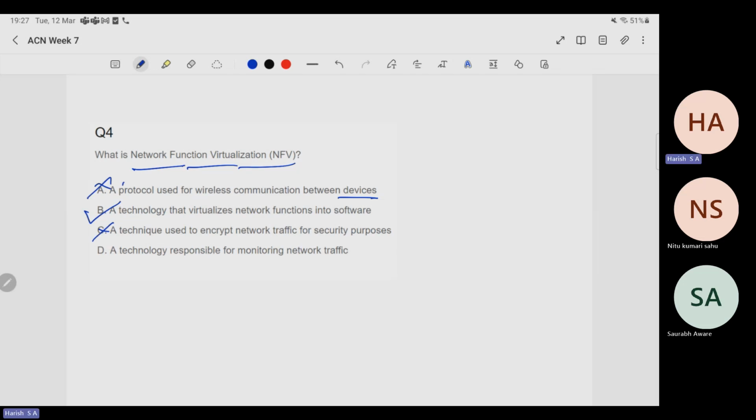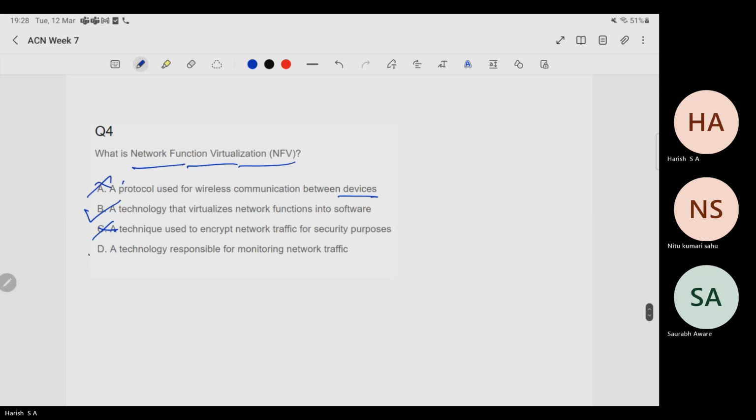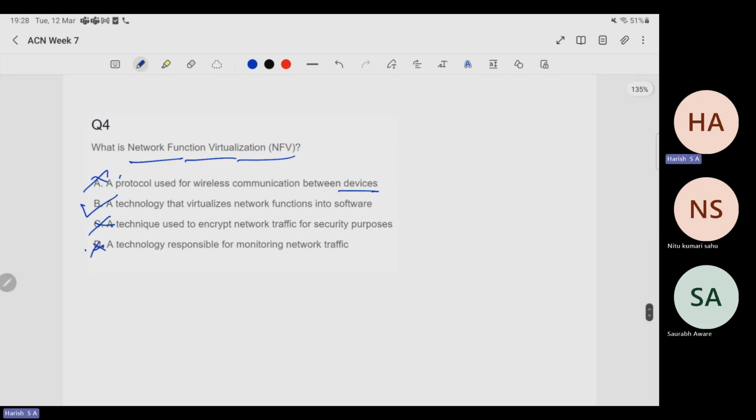It can be used for security purposes, but it is not only a security function. And then the technology responsible for monitoring network traffic. No, this is also a very specific use case. So the answer is the second one.